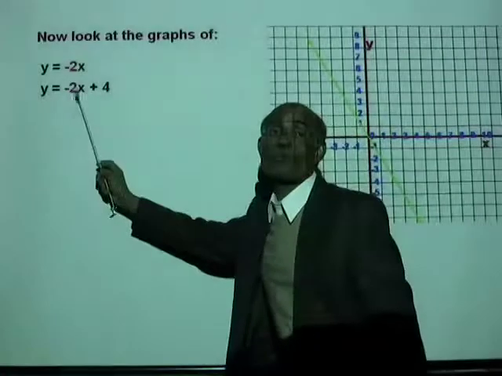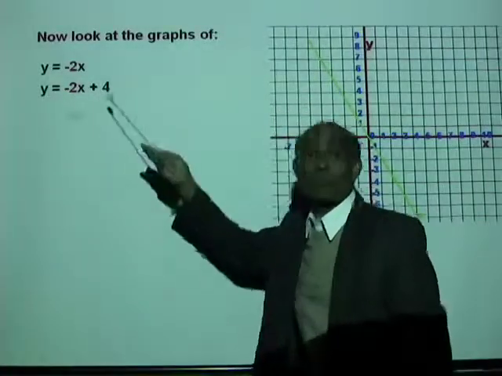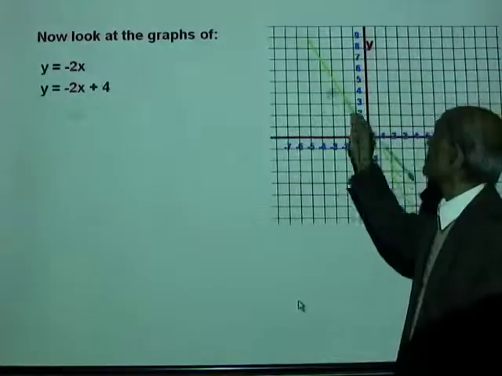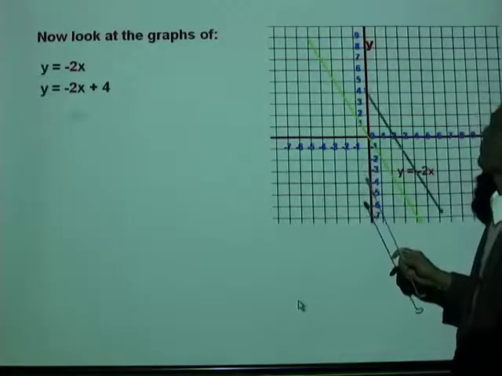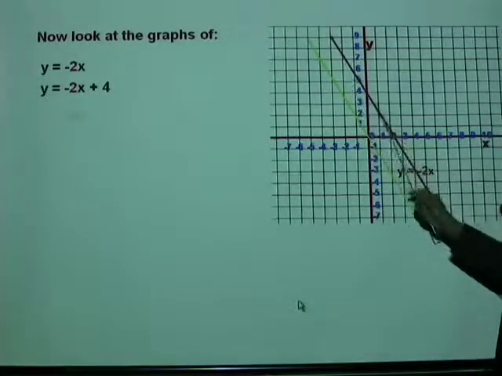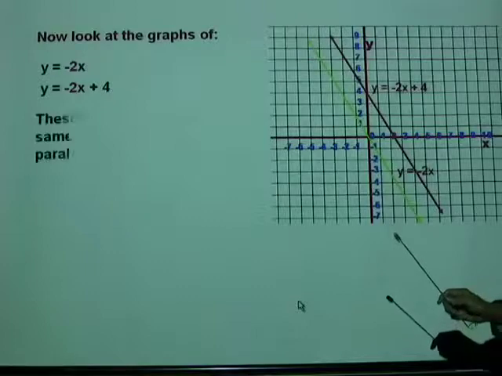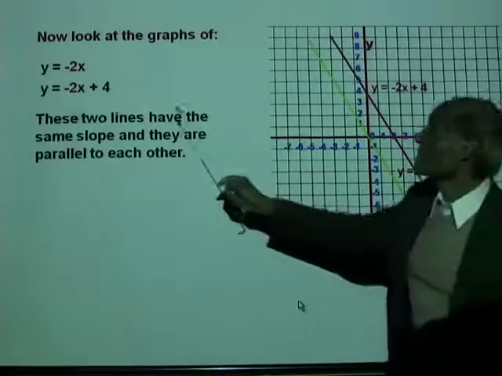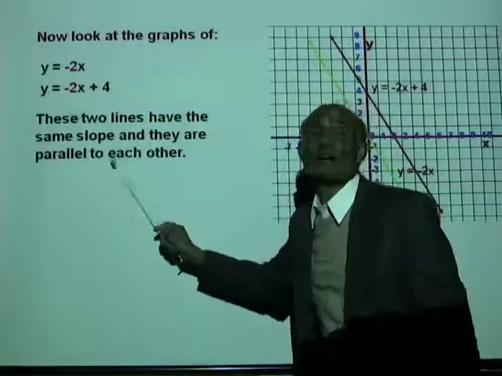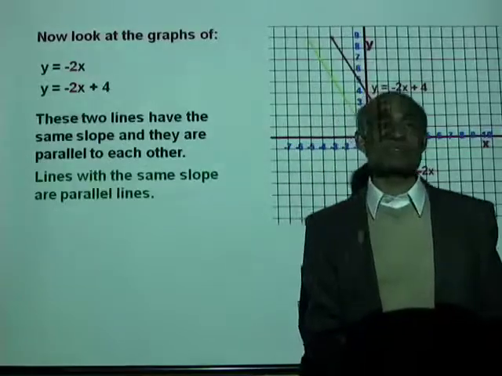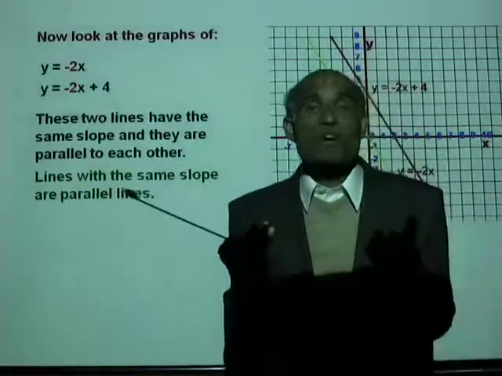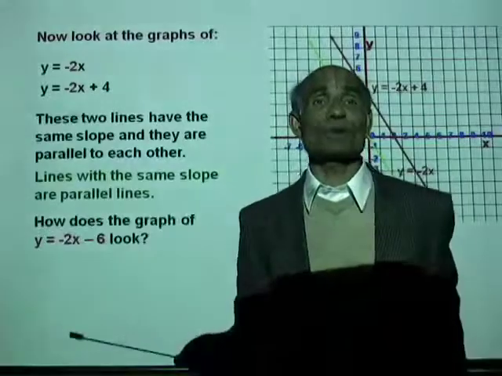What is the graph of y equal to negative 2x plus 4? That will be translated 4 units up. The two lines have the same slope and they are parallel to each other. Lines with the same slopes are always parallel.